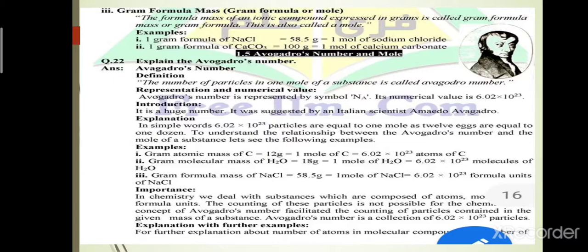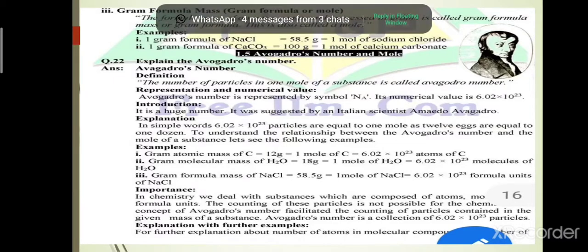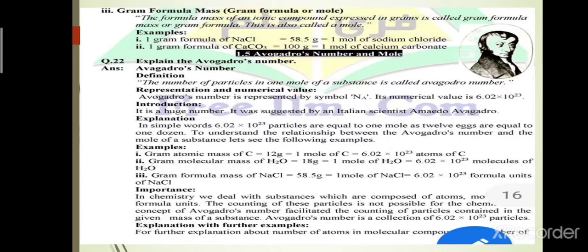For example, if I say 1 mole of hydrogen atoms and 1 mole of hydrogen element, 1 mole of hydrogen element contains the same number of atoms.